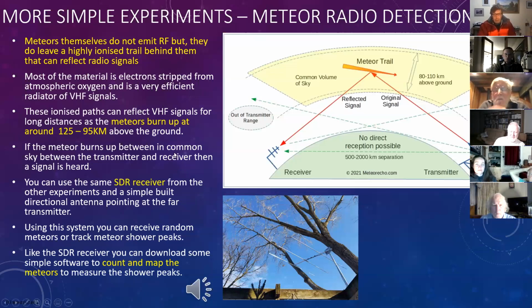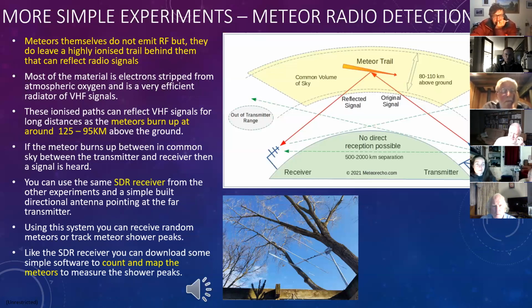And these ionized paths can reflect VHF signals up into the thousands of kilometers, and 2,500 kilometers is sort of the maximum geometric range, which is based on the height of the meteor and the angle. Most meteors burn up around 95 to 125 kilometers above the ground, and that gives you a maximum geographic range of about a couple of thousand kilometers.